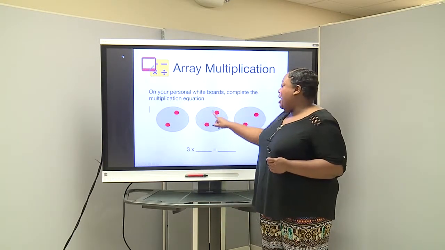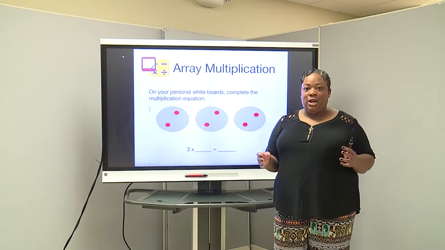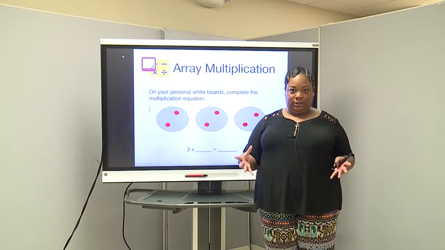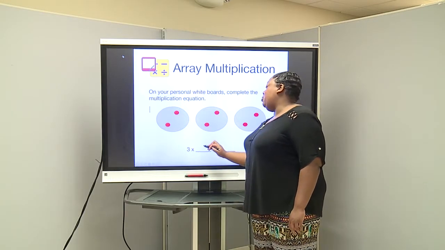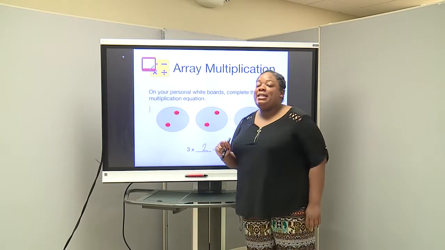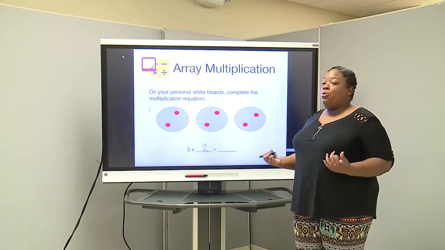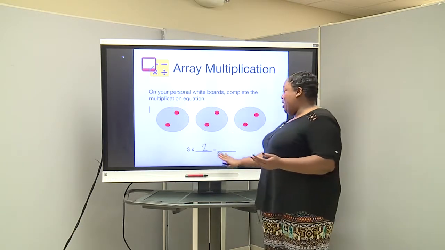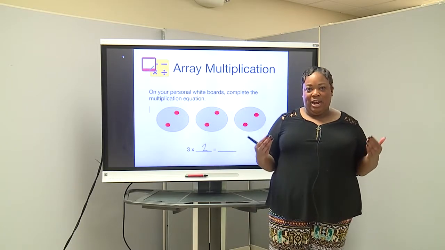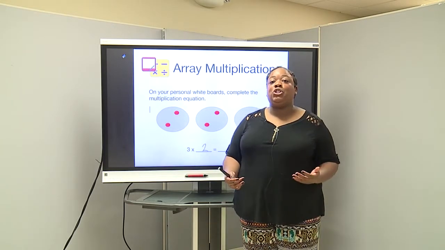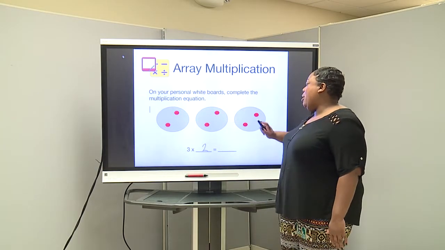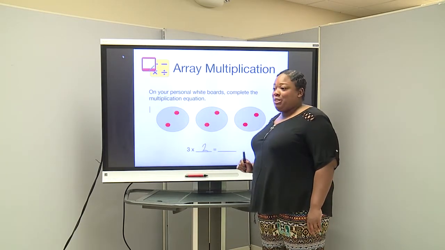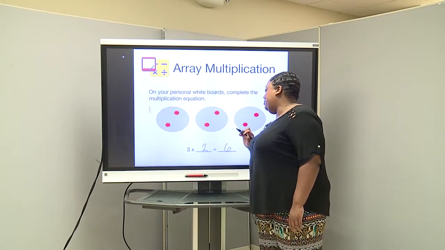If we look inside the large circles, we see 2 red circles. So the number of groups is 3, the size of the groups is 2. Now, equals the total. What I want to know after the equal sign is how many red dots there are all together. So I can count by twos. 2, 4, 6. 3 times 2 equals 6. Okay?